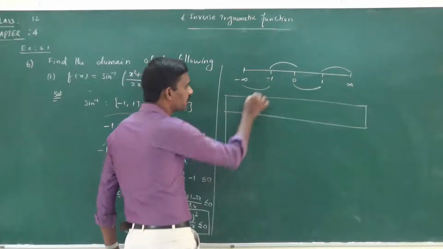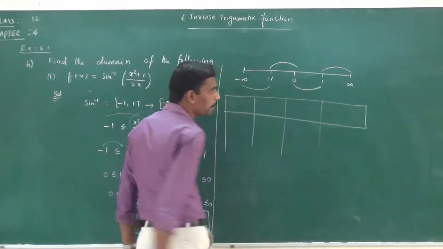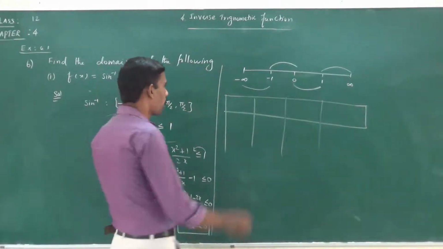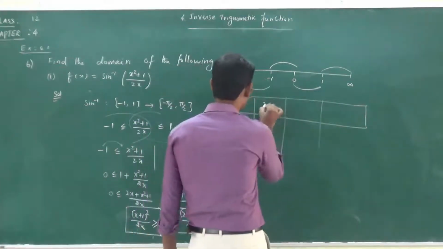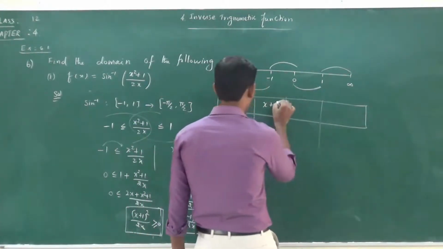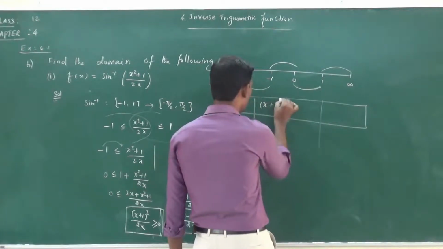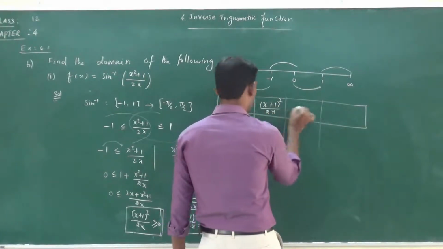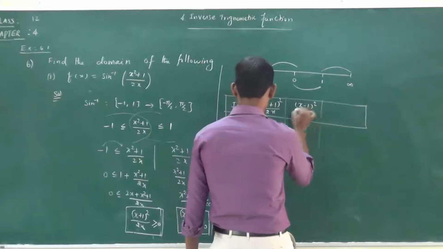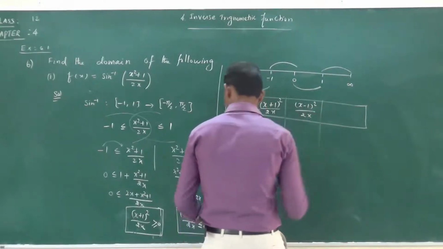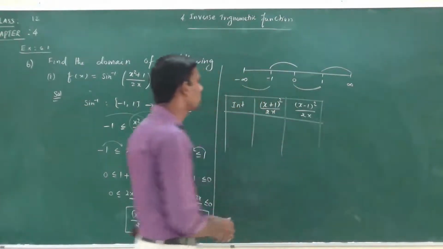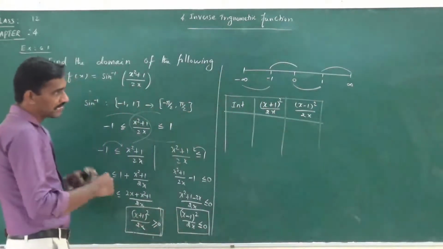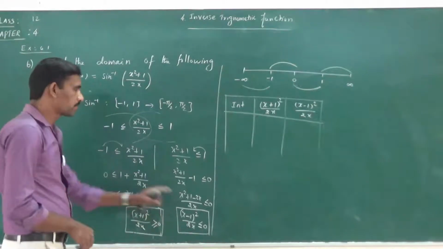This table is not necessary, but for understanding purposes we have to obtain it. So this is the interval, this one is (x + 1)²/2x, and this one is (x − 1)²/2x. Now we are simultaneously checking both concepts, right?